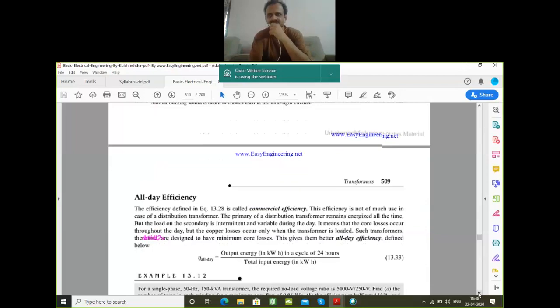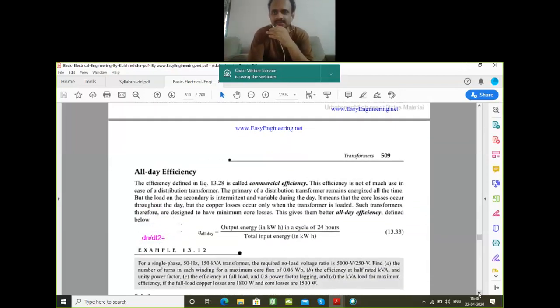All day efficiency. Usually this term is used with AC transformers for commercial purpose. Efficiency is not of much use for distribution transformers distributing the power, but for other transformers which deliver power from the source or from the generator.